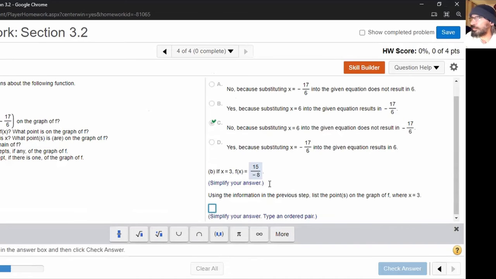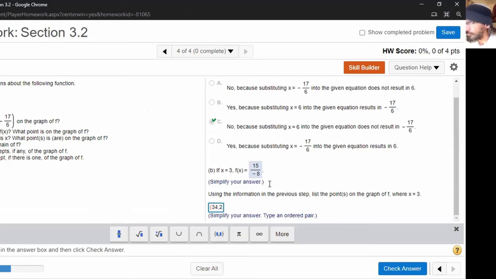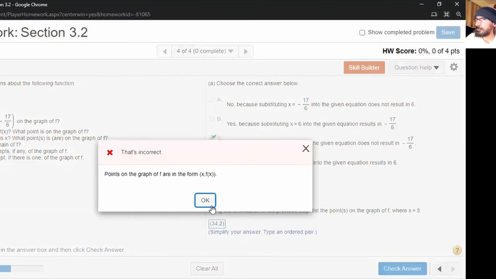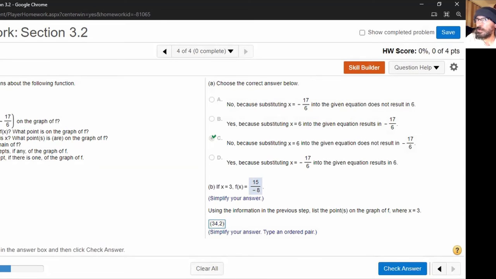They want an ordered pair. So parentheses 34, comma 2. Let's see, 34 plus 12 is 46, and 34 minus 11 is 23.